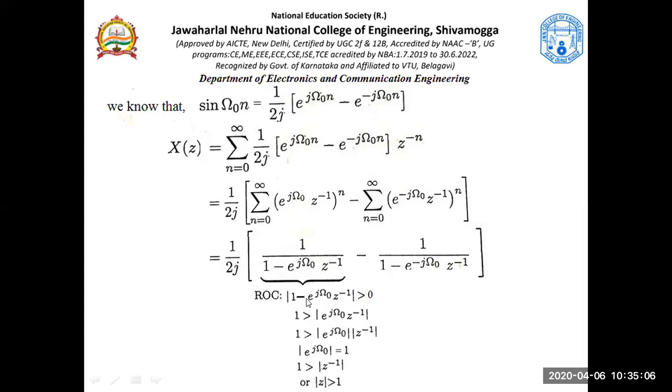So if we say the magnitude of 1 minus e power j omega naught into z inverse is greater than 0, then it is as good as saying 1 is greater than this particular parameter. That means the 1 would be on the left hand side and this would come on the right hand side. This is how the equation is going to look.